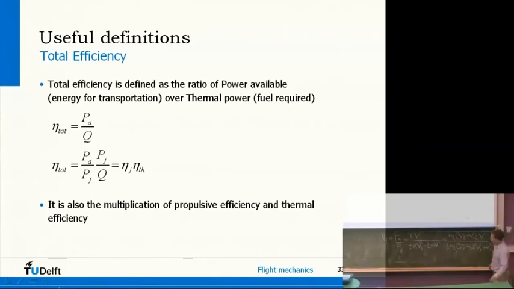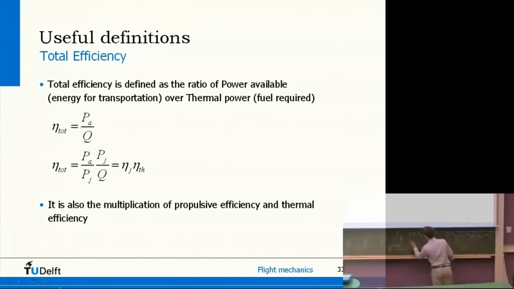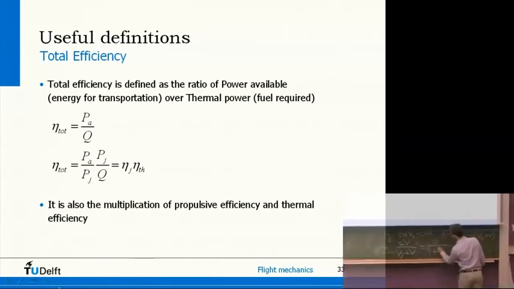So I end up with the propulsive efficiency being, I hope it's readable, 2V divided by Vj plus V, and I can also write this as 2 divided by 1 plus Vj over V. So in this final step, I'm dividing the top and the bottom by V. So this is an expression for the propulsive efficiency.